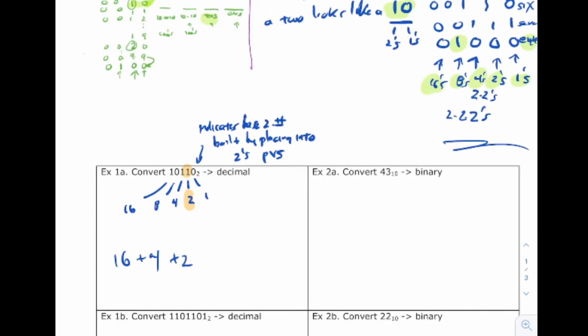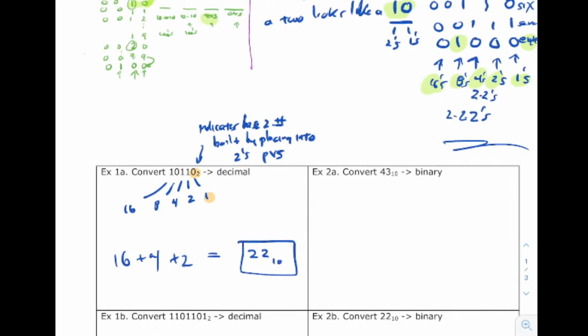And then I'm ending with a 0 in the 1s place, which means I don't have anything else. So I got a 16, a 4, and a 2. What's this number really? It's a 22. And if you want, you can put the 10 there to emphasize a regular 22, base 10, decimal counting system, normal. So it turns out 10110 is the binary version of 22.